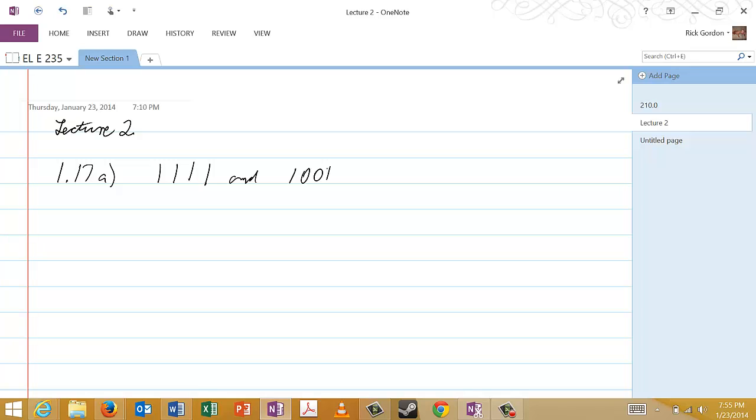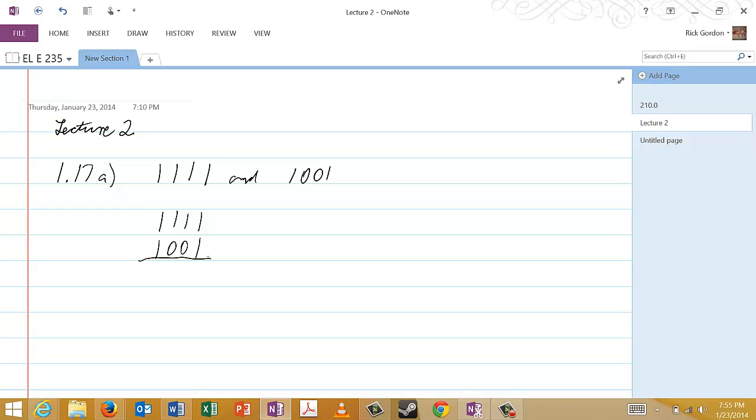So the addition of these two binary numbers is straightforward. It goes like this. We'll write the first number 1111 and then write the second number under it 1001, and now we want to add those, keeping in mind that they are binary numbers.